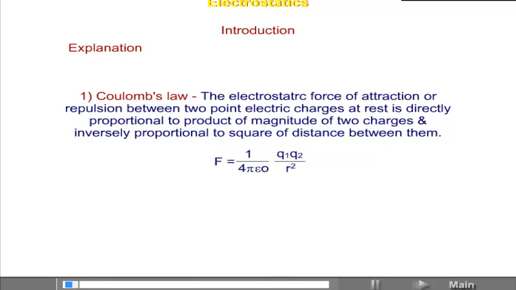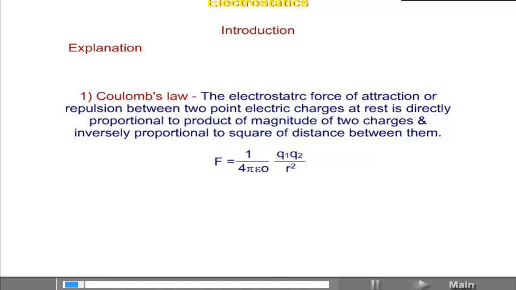Explanation. Coulomb's law. The electrostatic force of attraction or repulsion between two point electric charges at rest is directly proportional to the product of the magnitudes of the two charges and inversely proportional to the square of the distance between them.